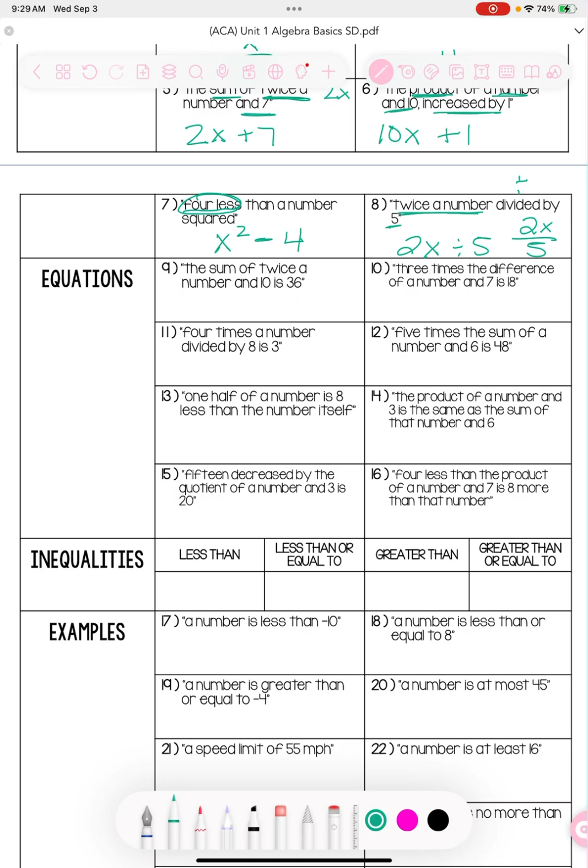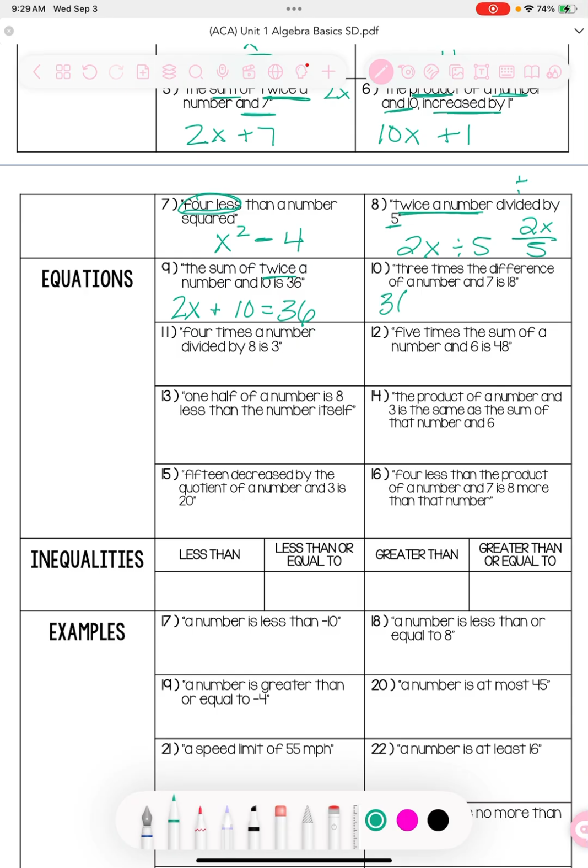Okay, so setting up equations with this. The sum of twice a number and 10 is 36. So twice a number and 10 is 36. And then we could solve those if we wanted to. The next one we want is 3 times the difference of a number and 7 is 18.